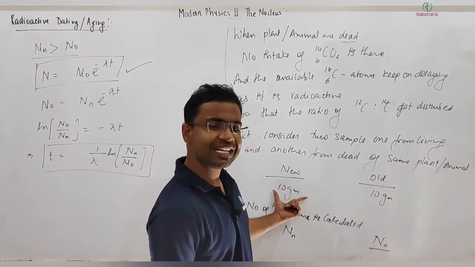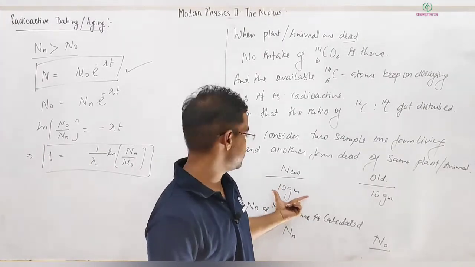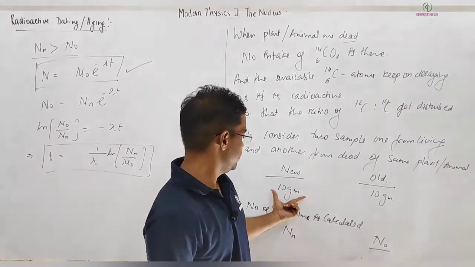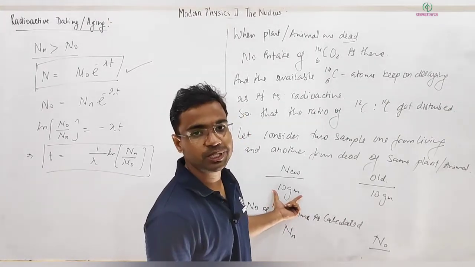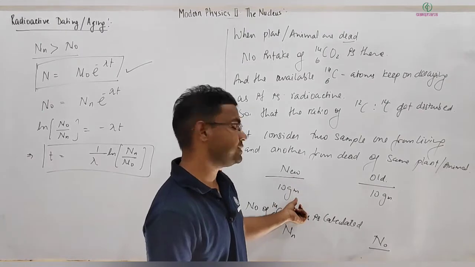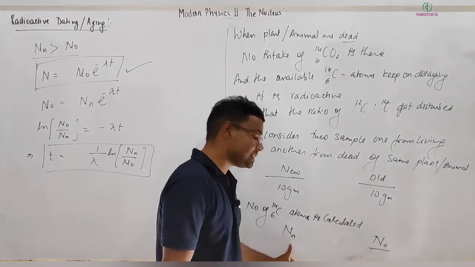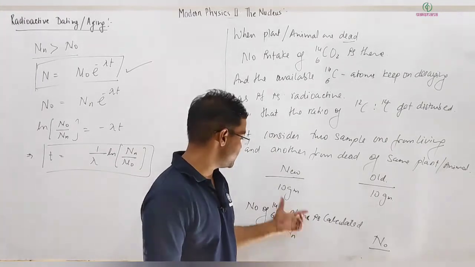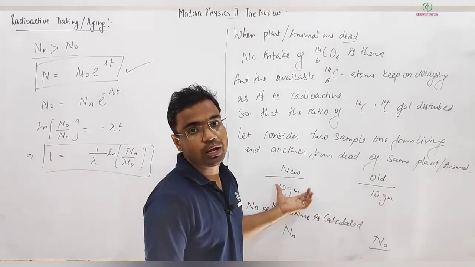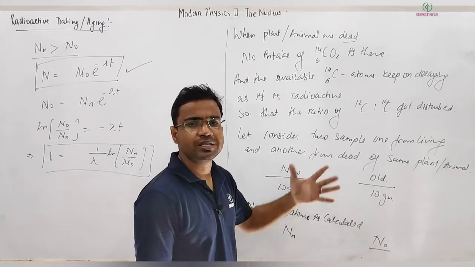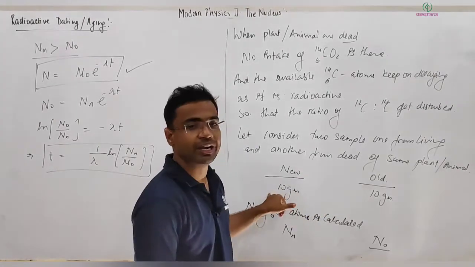You can take 10 gram, 100 gram sample, whatever, it is just one example I have considered. It is not necessary that you always take a sample of 10 gram only. So here N is the number of carbon 14 elements present in a 10 gram sample of the newly taken sample, or a sample taken from living plants or animals.